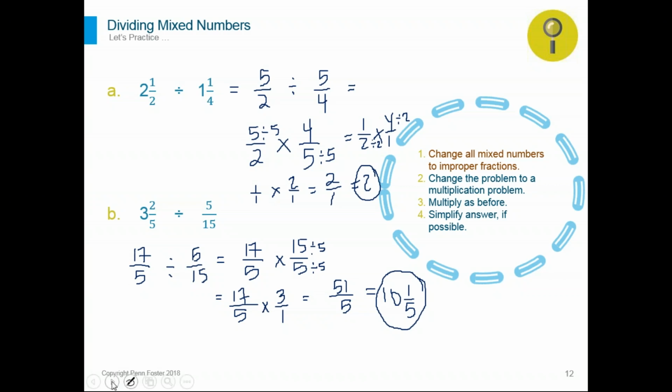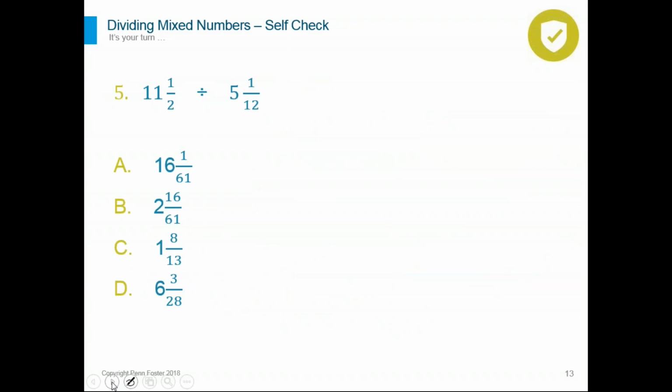Okay, let's go to a self-check question. We are dividing two mixed numbers. What should we do first before we change the question to a multiplication question?